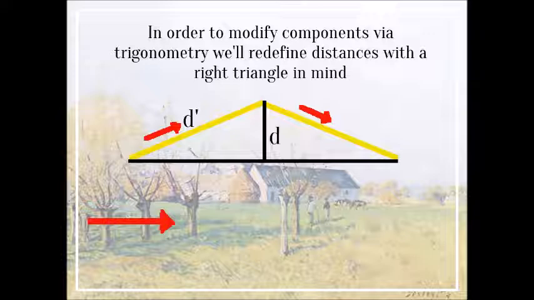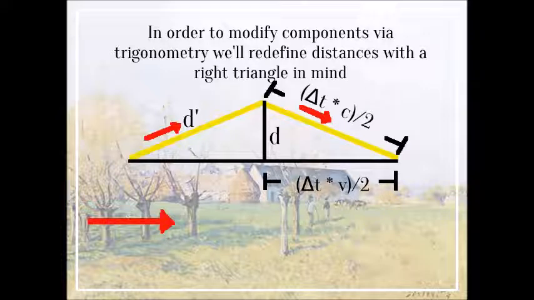So in that case, the distance of the hypotenuse is just half of what we defined before, so just delta t times the speed of light divided by 2. d remains the same, and our distance that the train traveled in that particular section is just delta t times its velocity divided by 2.